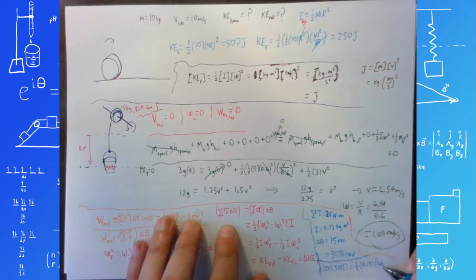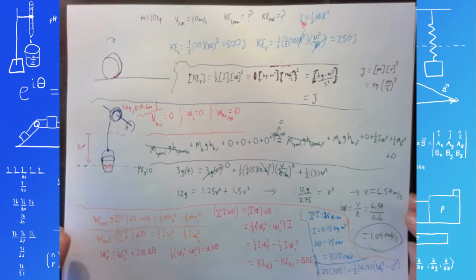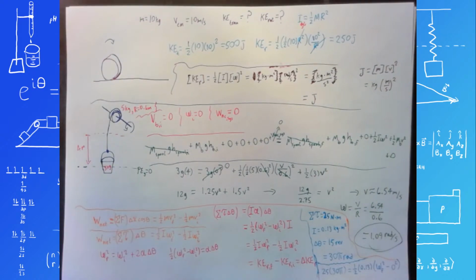Omega final squared minus, well, 0 squared, since we're assuming it's at rest. And let's see. I guess, yeah, we would plug in pi.